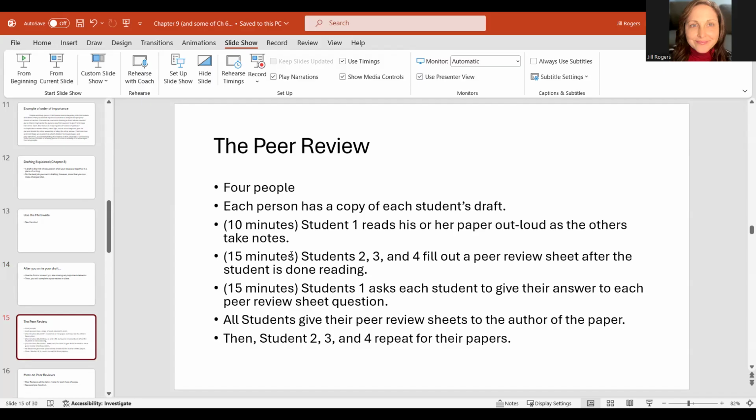That's how long it should take. People should try very hard to answer the questions completely. Then student 1 asks each student to give their answer. So they go through each question and each student gives their answers and they have a discussion. Then they answer all of the questions for student 1, and they're done with student 1 and they give all their review sheets to student 1. Then the other students do the whole thing. Okay? So 10 plus 15 plus 15, right? Times 4.